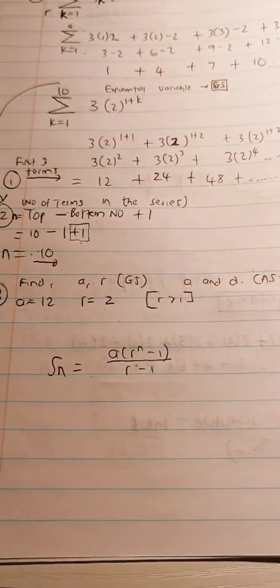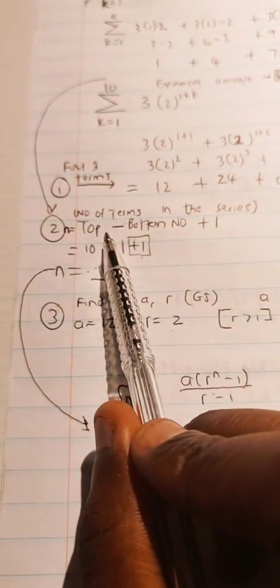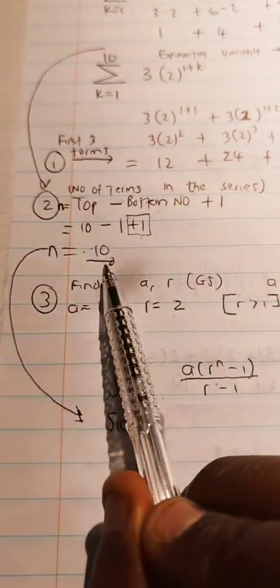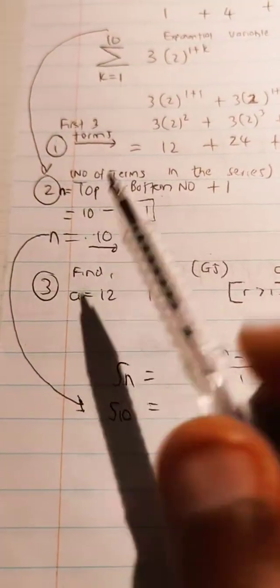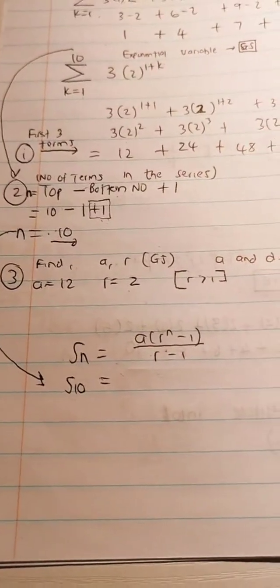I hope it's coming back. Okay. Then we can go ahead. What are we calculating? The sum of the first n terms. Thank you to this amazing usage of top minus bottom plus 1. We're able to find the number of terms that we need to calculate for the sum of those terms.